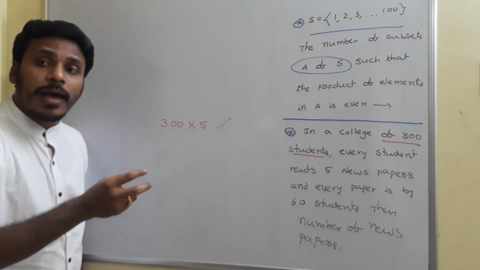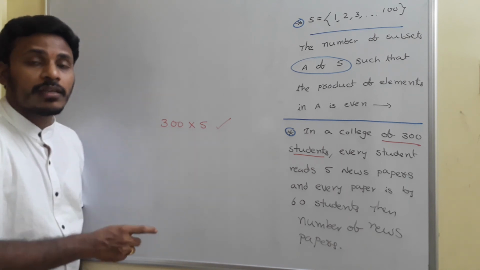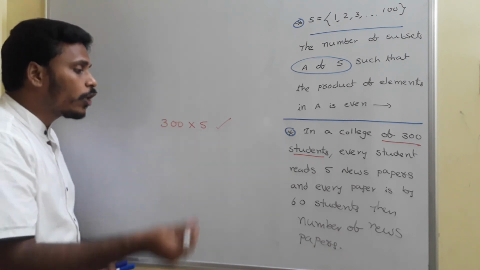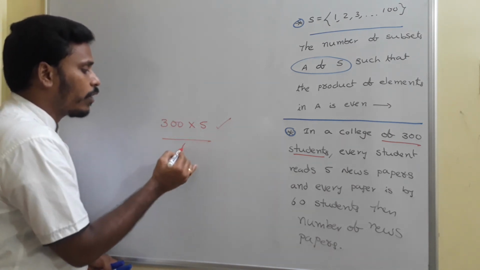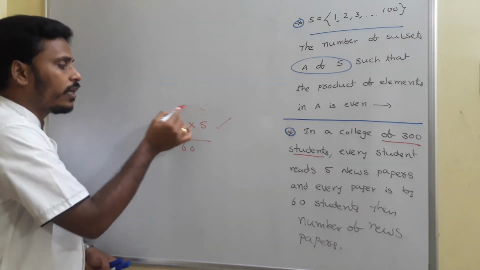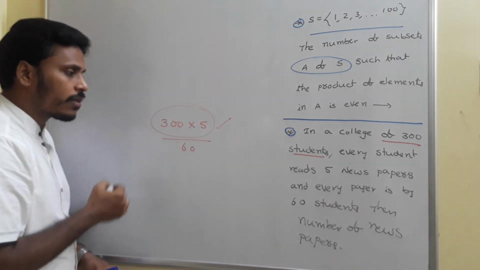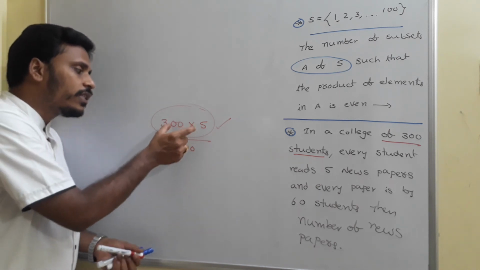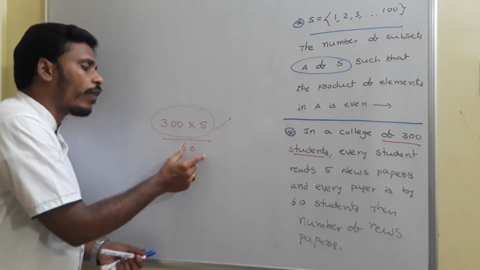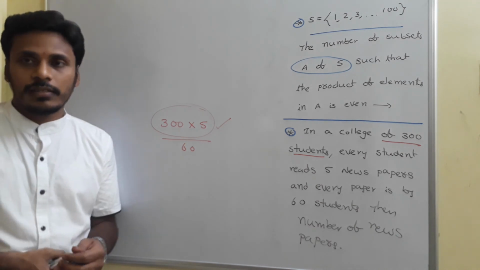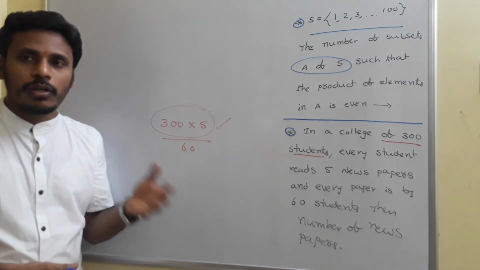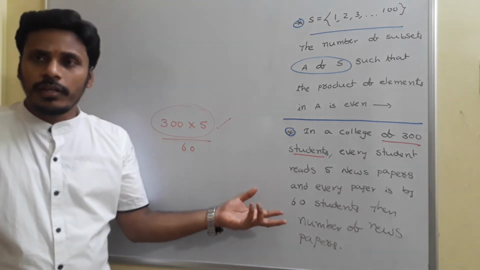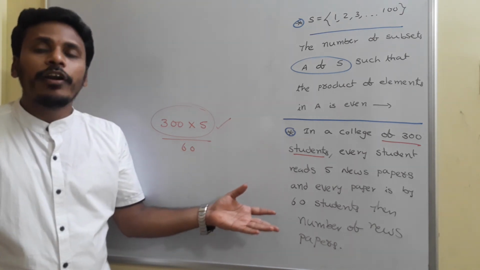Since every newspaper is read by 60 students, we need just 300 into 5 by 60 newspapers. That's it. Just think about the question. The sets concept is not included here. It's basically unitary method logic.